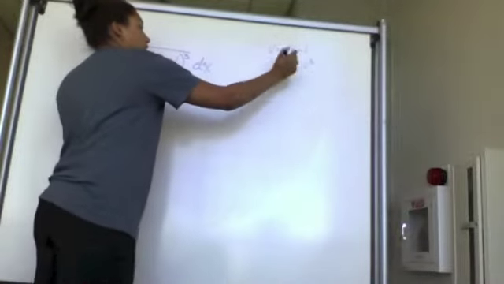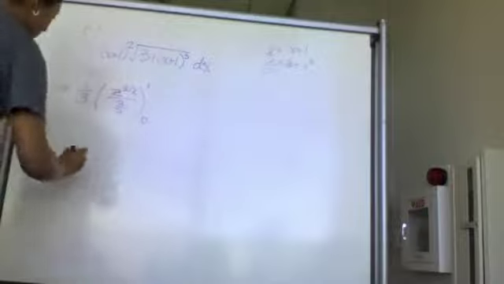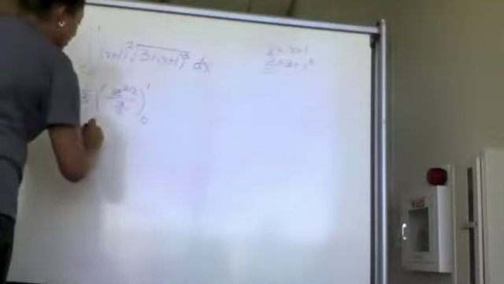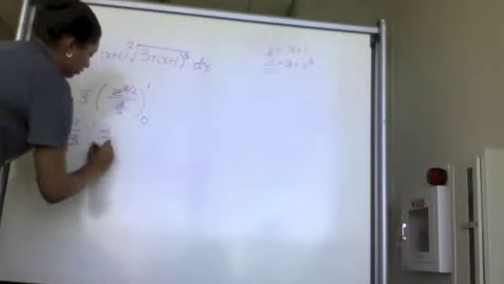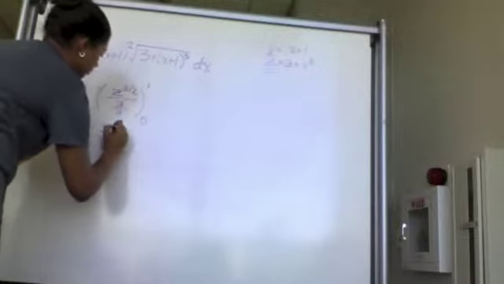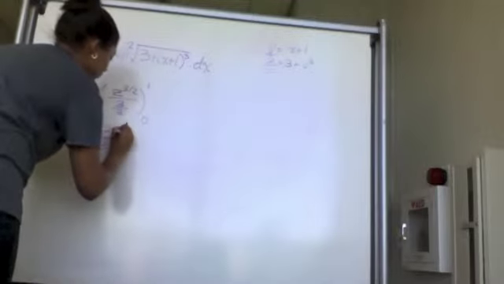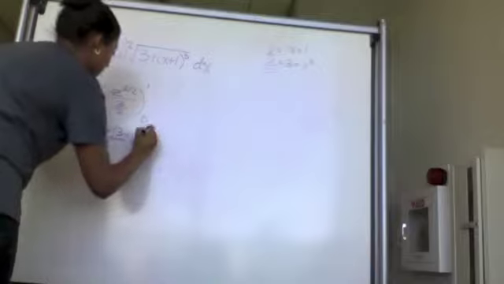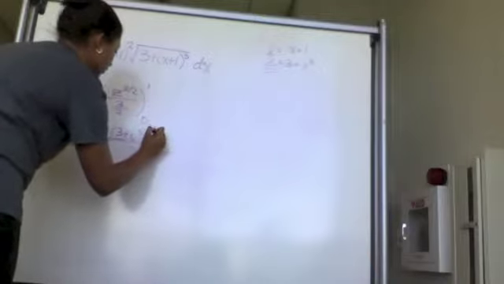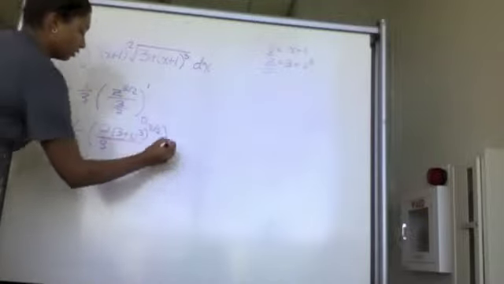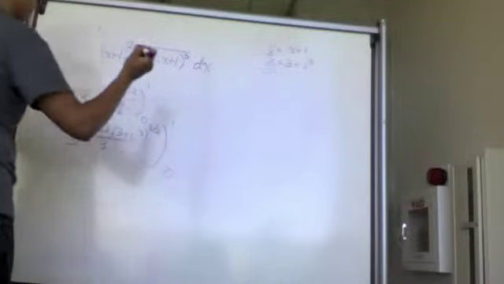I wrote our z here and our u here. So 1/3, and let's write this a little bit better, 2 over 3 times 3 plus u cubed to the 3/2, on the integral 0 to 1.